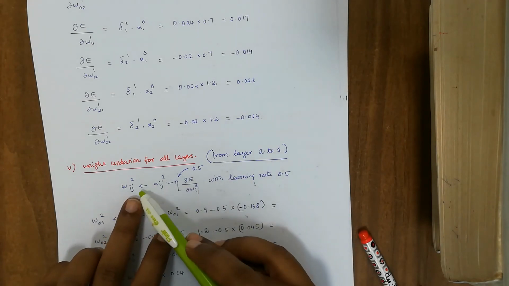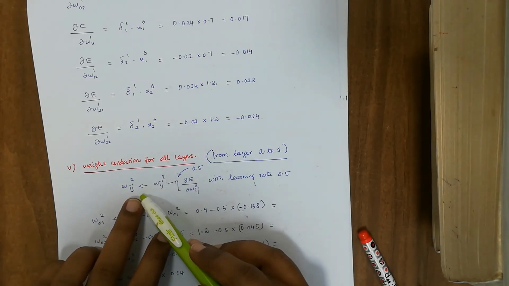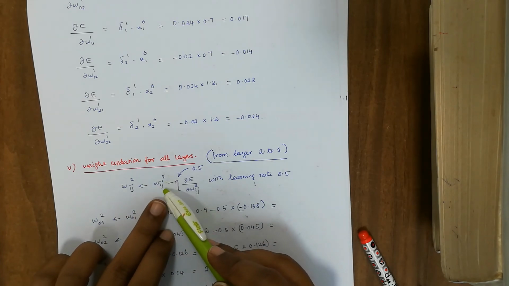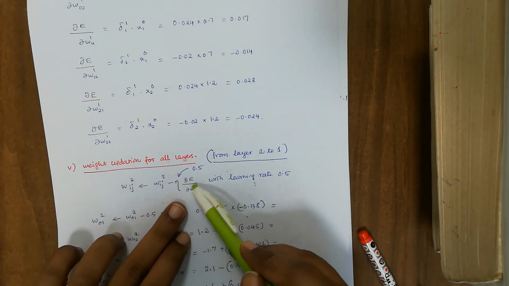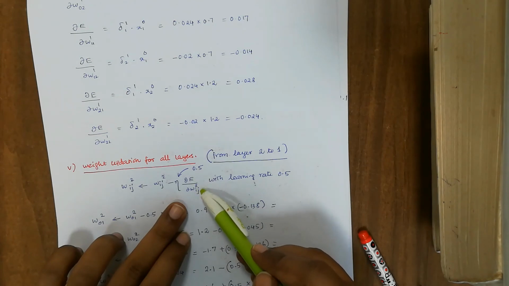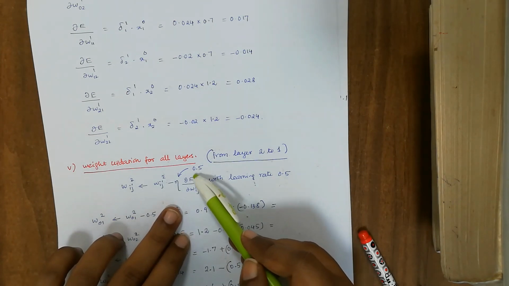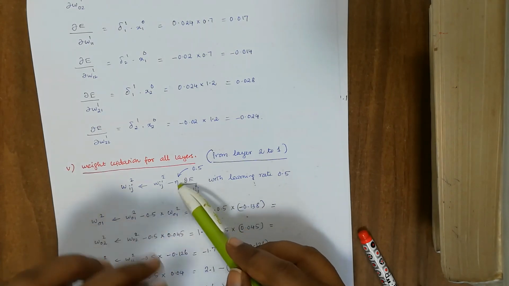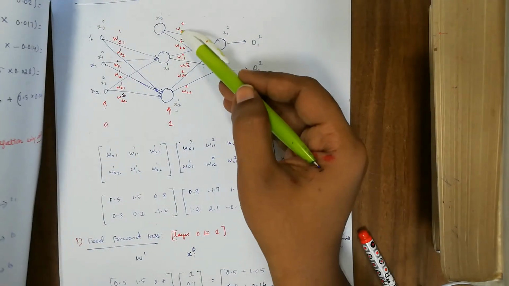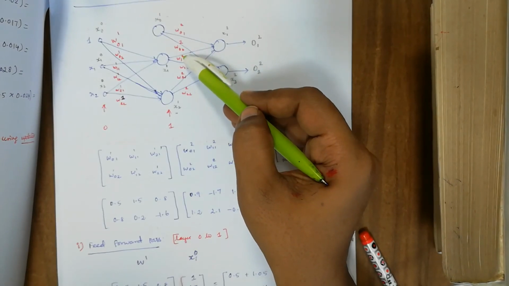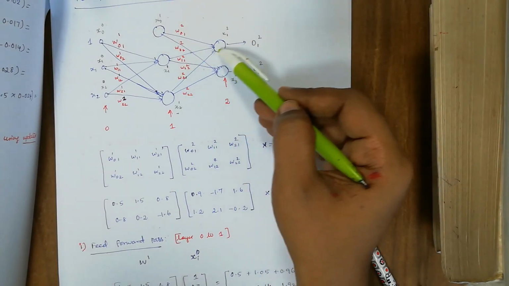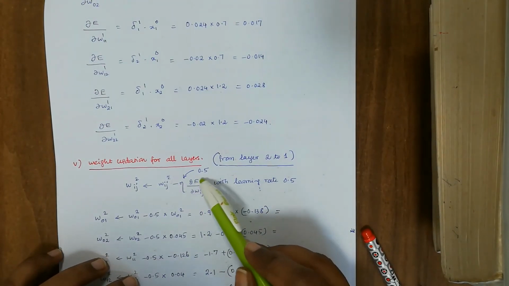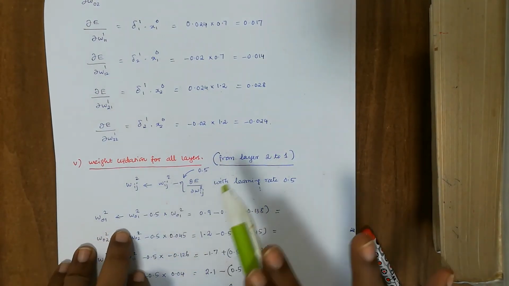The weight updation rule says that for Wij in the second layer, the new value is the old value minus the learning rate times dou E by dou Wij in the second layer. So we have kept these values ready for all the weights, the weights connecting to the second layer and the weights connecting to the first layer. Once we have calculated this, the last step is to update the weights.